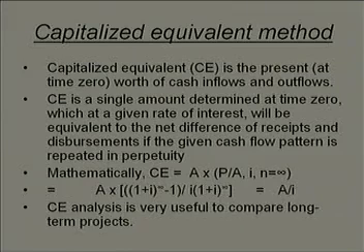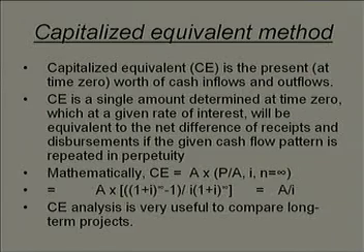You can solve that as a limit problem, and you will find that you get a very simple outcome: it is nothing but A divided by I. So, the formula becomes very simple for capitalized equivalent, and this has been possible by assuming that n is tending to infinity.